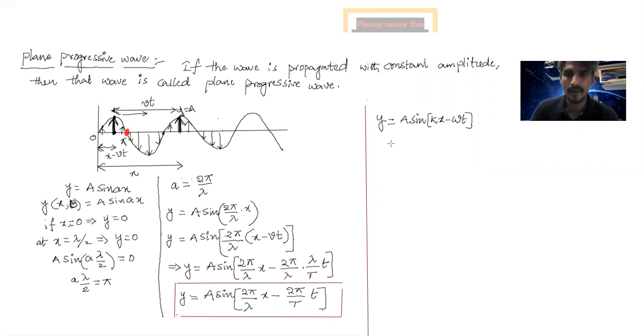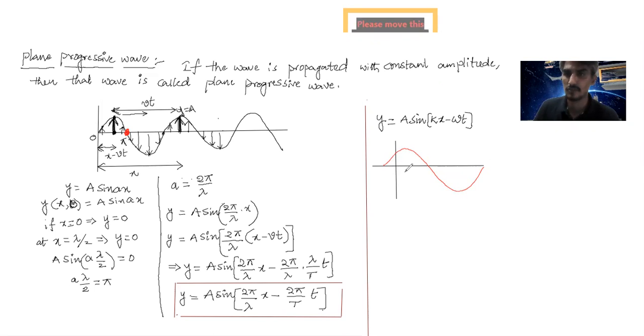Okay, now, if it is not started from the origin, for example, if we consider that here the wave is already, see here, if the wave is started like this, it's not started from the origin, then how do we write this phase here, phase relation?